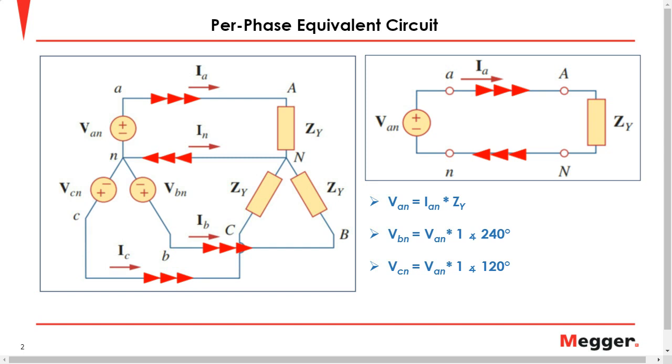Basically, after you've evaluated your A phase line to neutral, then evaluating your B phase and your C phase is just a simple matter of adjusting for your phase difference.